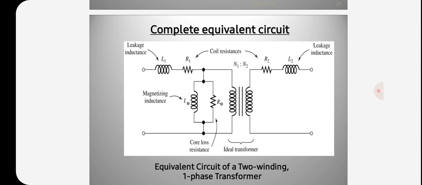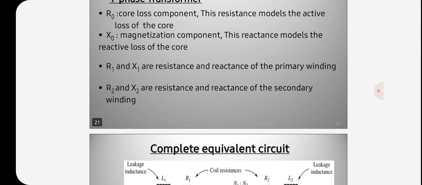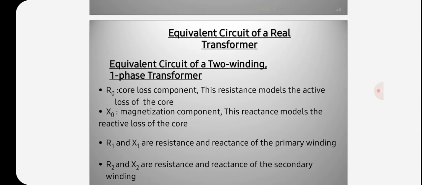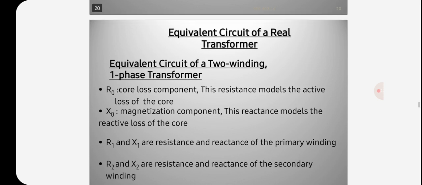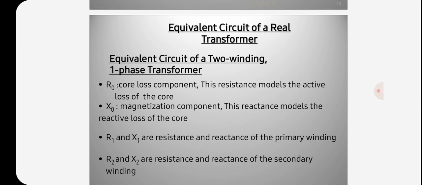So the equivalent circuit of a real transformer, the equivalent circuit of a two winding single phase transformer: R naught is the core loss component. This resistance models the active loss of the core.